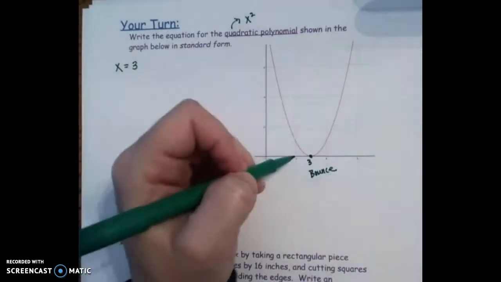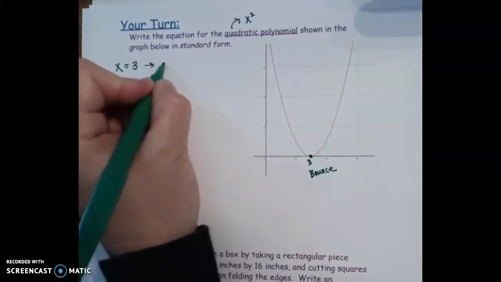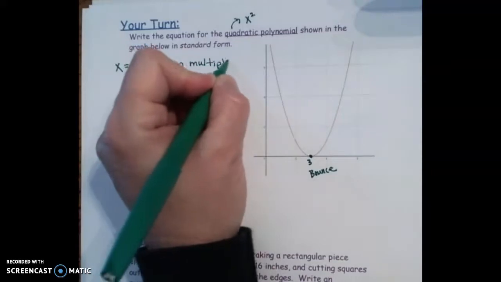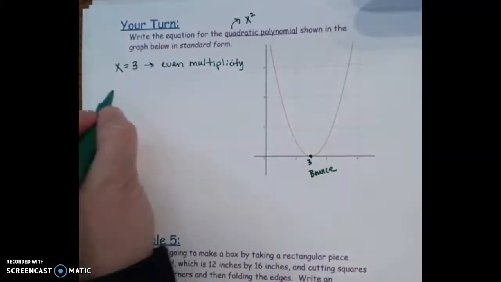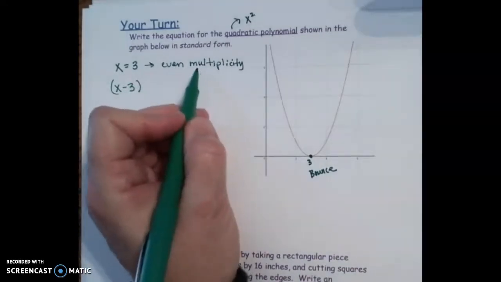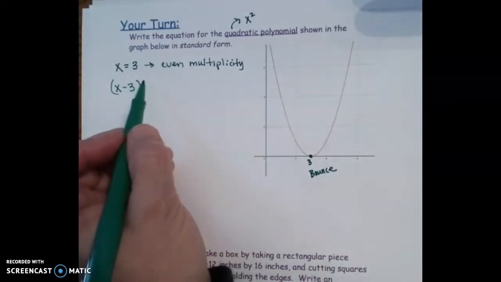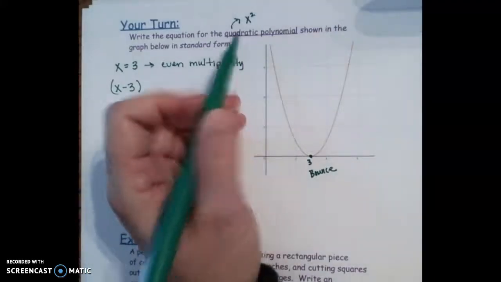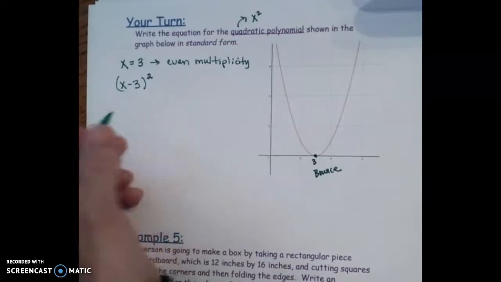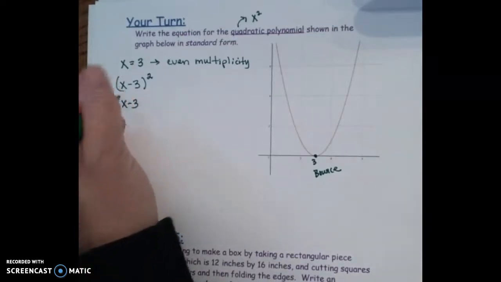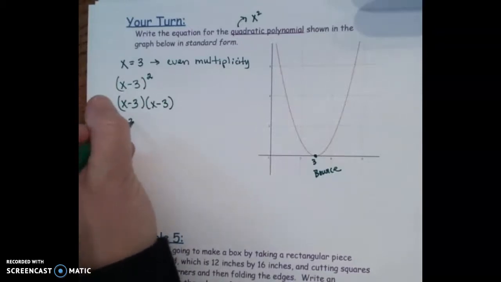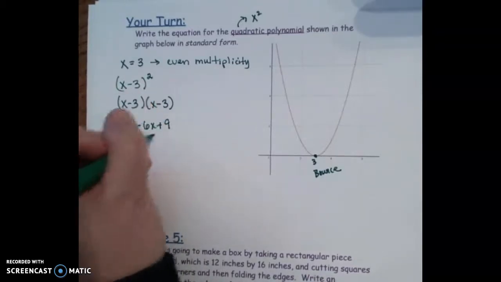And because it's a bounce, I need even multiplicity. So my factor would be x minus 3, and I could have any even power. However, because it says quadratic, my power is going to be 2. So then we want to expand that, or do your shortcut. So it's going to be x squared minus 6x plus 9.